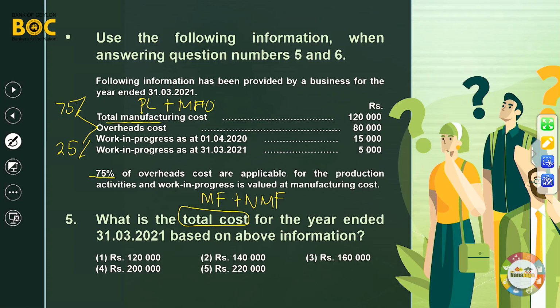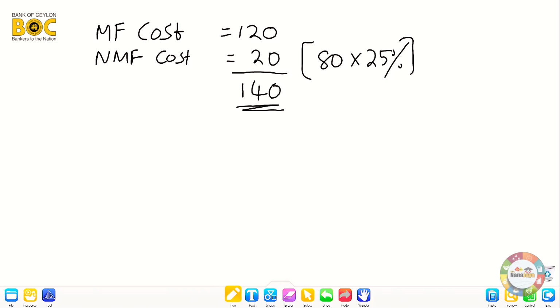Of this 80,000, 75% is applicable for production, and the balance 25% is non-manufacturing cost. Then the total is 140,000 rupees.